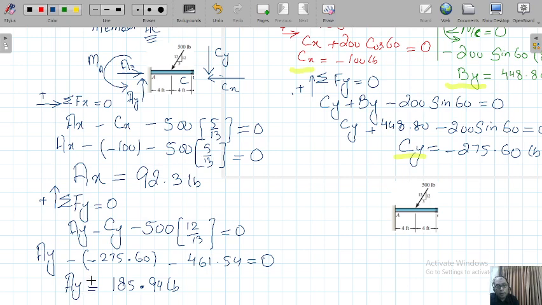We have calculated your Ax, we have calculated your Ay. There is one unknown still left, which is the summation of moments at A. So we have to calculate this unknown.